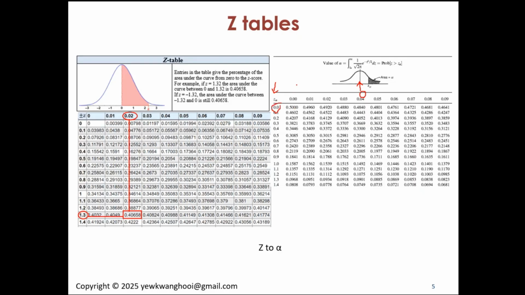Z0 means we take this one, 0.00, not 0.01. And then the answer I want is 0.5, which means that it's taking this whole part.